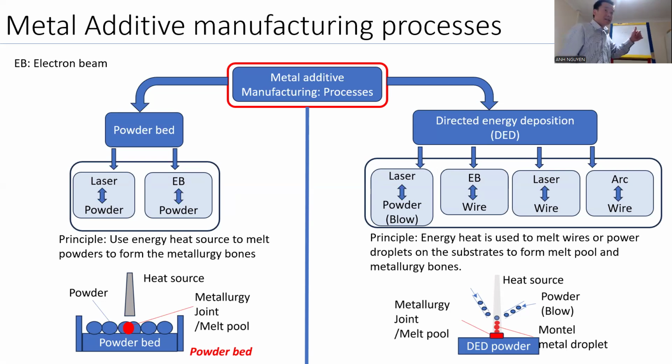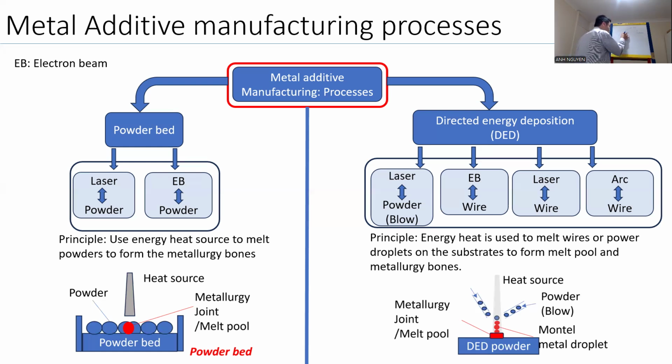The second one is the material. So now we have heat source and material. In this section, we want to understand in more detail what kind of heat source and what kind of material we can use for the metal AM process.